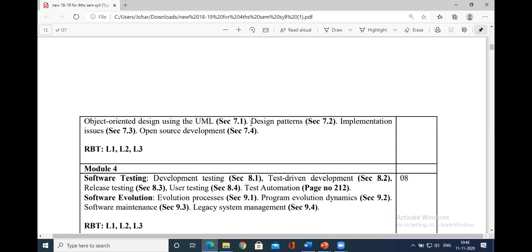Moreover, we are left with simply the concepts of design patterns and implementation issues. I find that you people find it difficult to understand these concepts online, but you need not worry about it. Today, immediately after the class, I'll forward a PDF file directly from the Sommerville book, which is as per the syllabus copy you have.